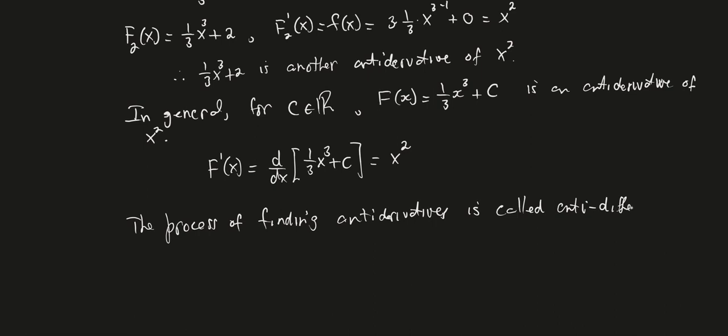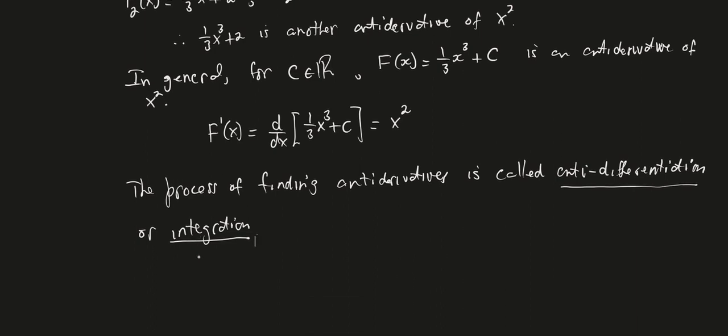It doesn't have to be hyphenated, I'm just doing that for dramatic purposes. So either antidifferentiation, or it's sometimes referred to as integration. Both of these mean the same thing. It means find all the antiderivatives of a particular function, right?